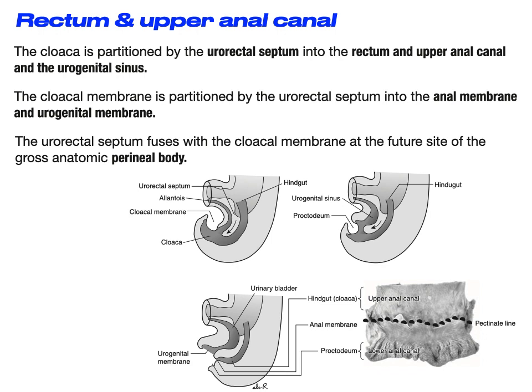Also during week 4, the urorectal septum forms, and this septum is going to separate the cloaca into an anterior urogenital sinus and a posterior anal canal, which are covered by the urogenital membrane and the anal membrane respectively.